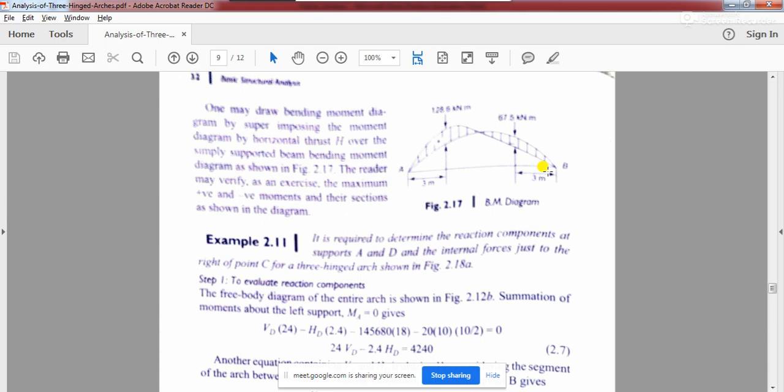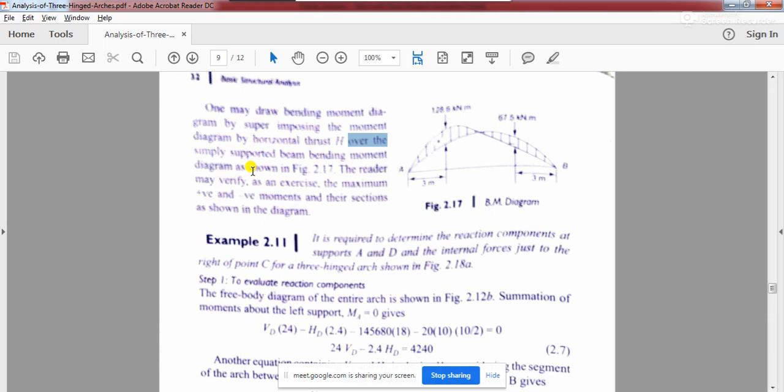And what is that y? Y is nothing but the equation of the arch. So whatever the shape of the arch, exactly the same shape you will get for the bending moment diagram because of the horizontal thrust. And you need to superimpose this over the simple supported beam bending moment diagram.